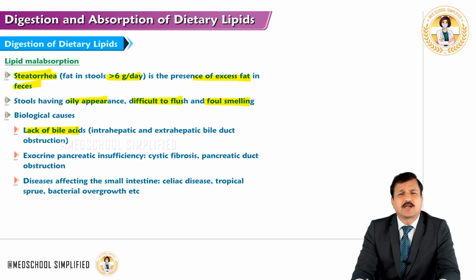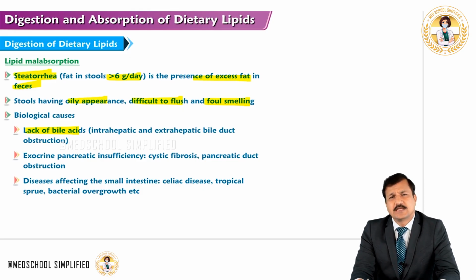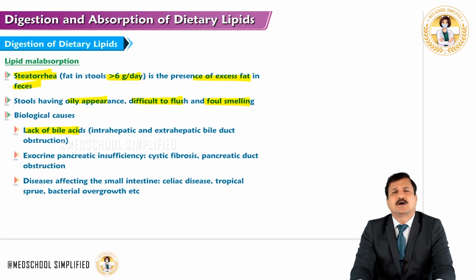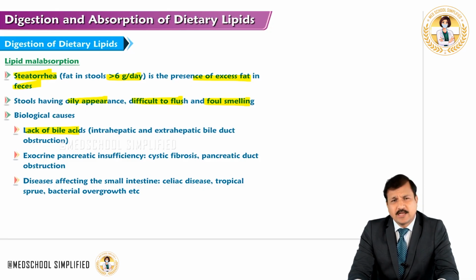Examples of extrahepatic bile duct obstruction are a stone in the common bile duct or cancer in the head of the pancreas. Intrahepatic bile duct obstruction can be primary sclerosing cholangitis or disorders affecting the liver.